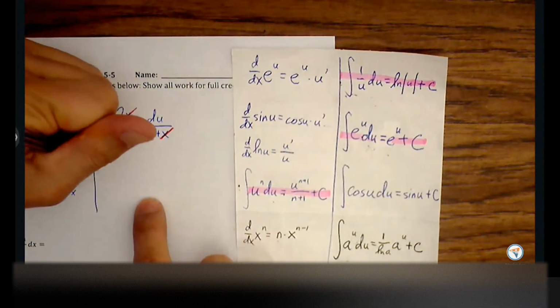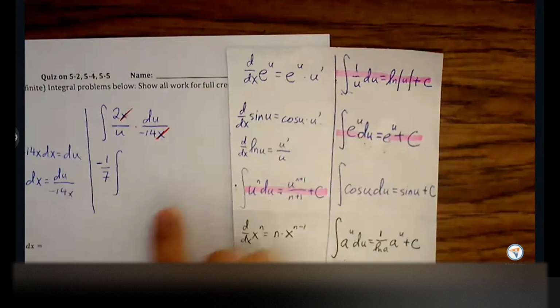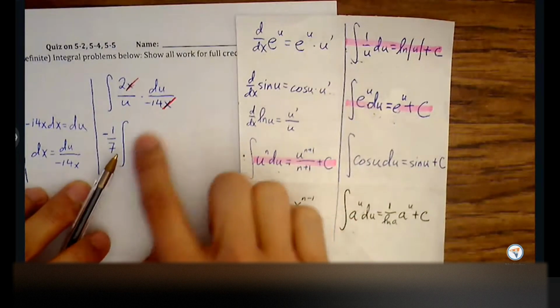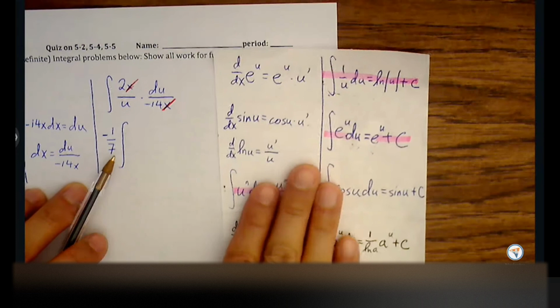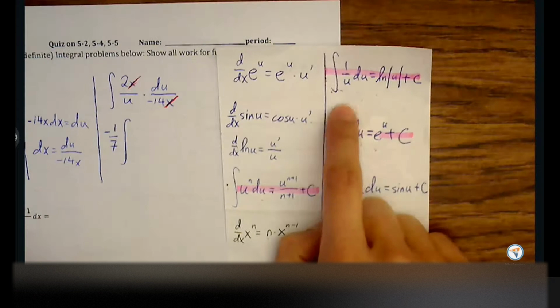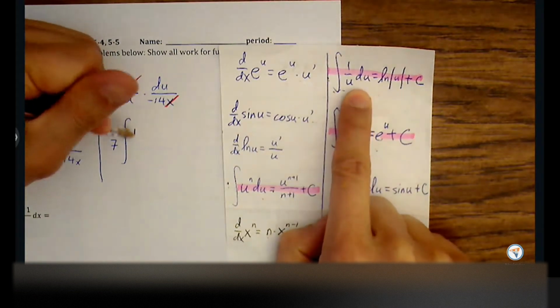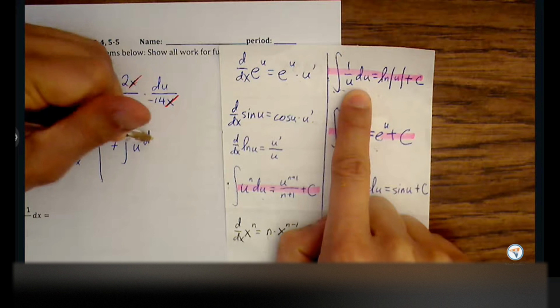If we push it out front, like you said, negative 1 over 7, what's left inside here? Du over u, which is the same thing as 1 over u du. You can write du over u or 1 over u du, but they mean the same thing.